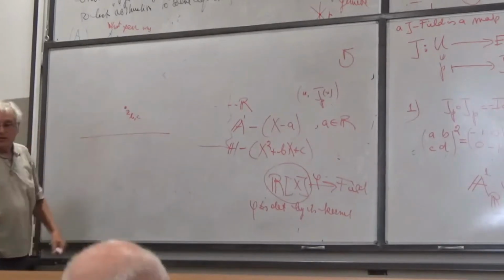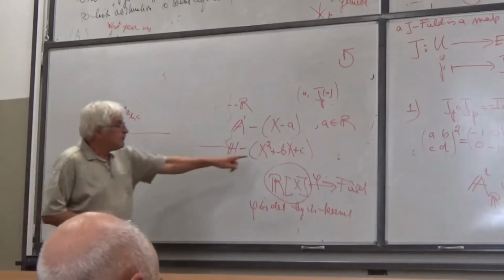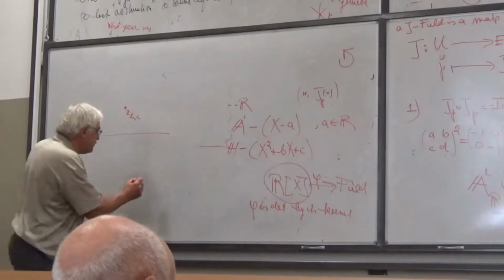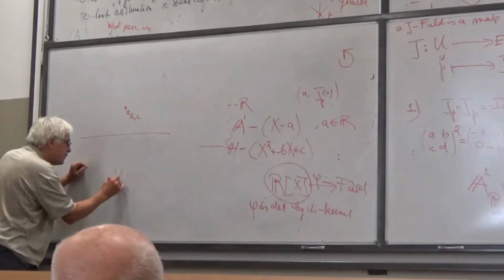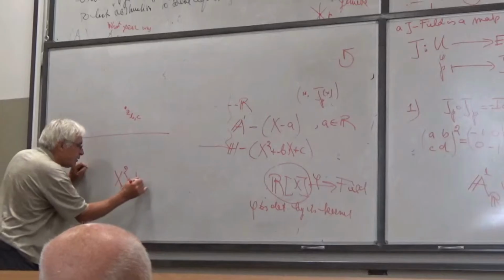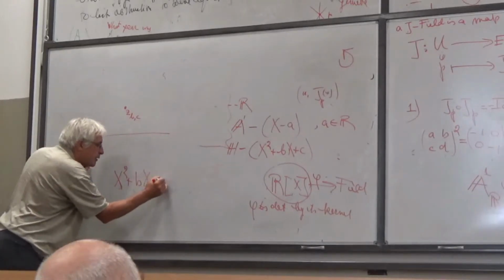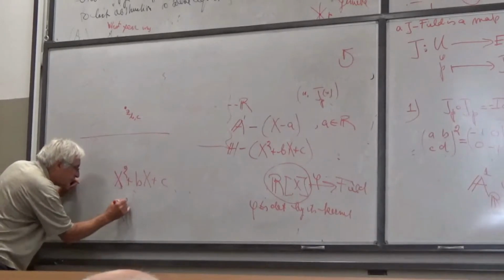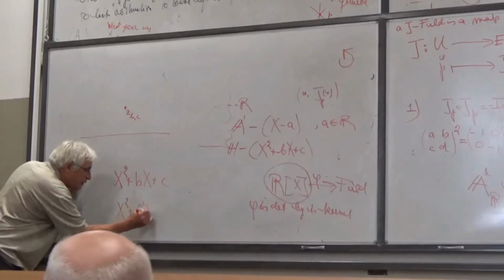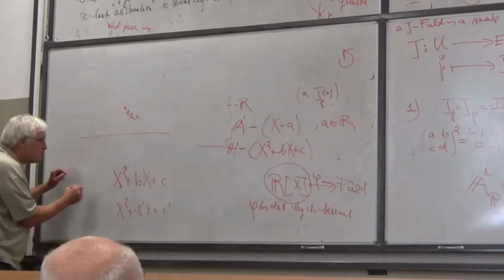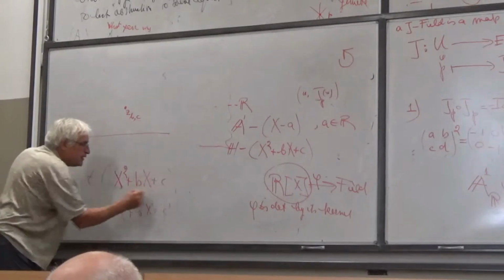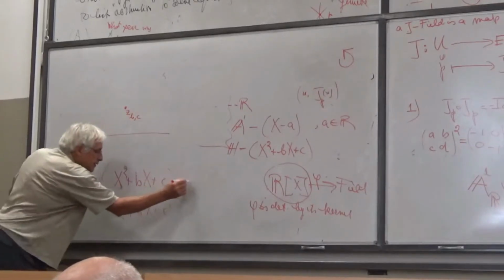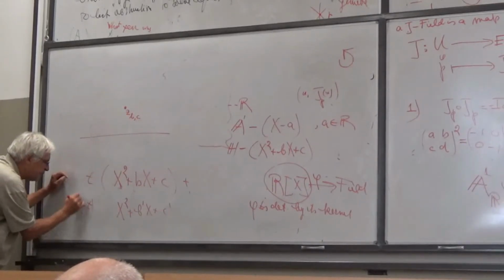So this point is a good notation for that polynomial. Now I take two such polynomials, and another one, and I combine them in a convex combination. I take t times the first plus 1 minus t times the second.